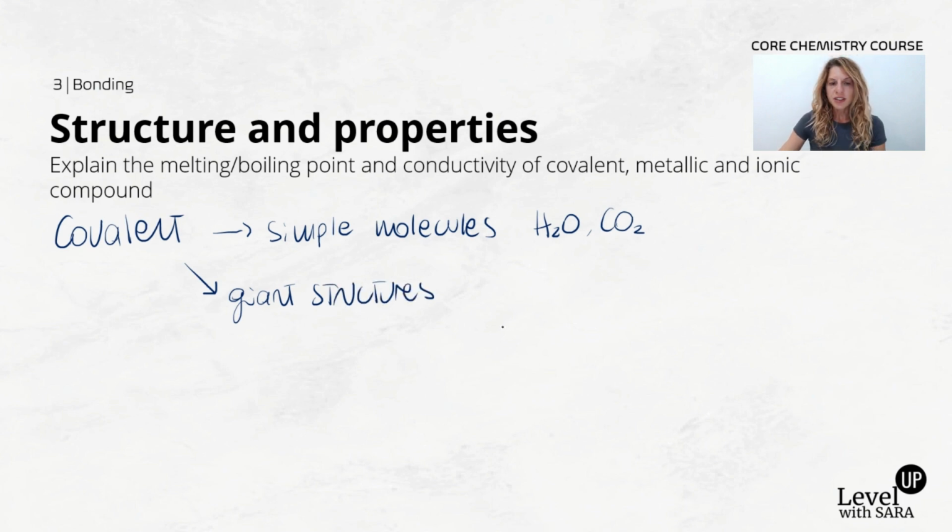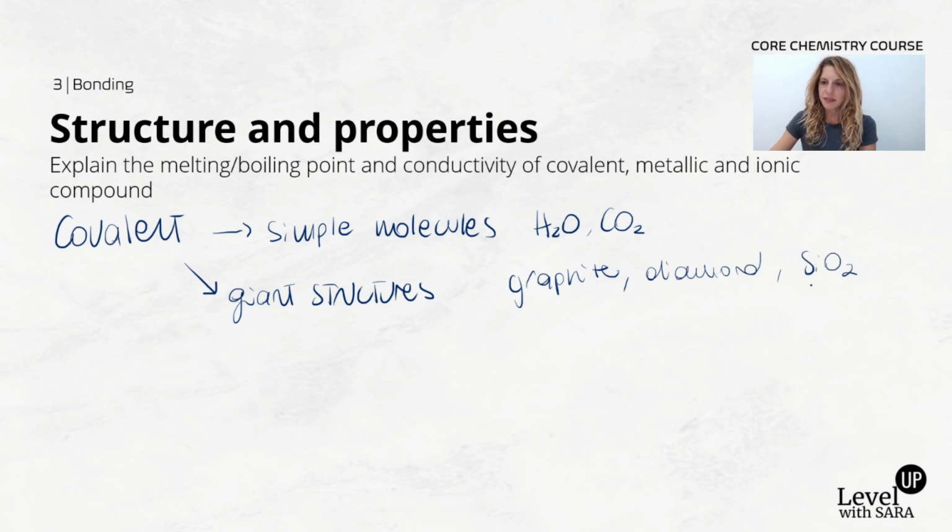Remember, giant structures are substances made of many atoms that are strongly bonded together through covalent, metallic or ionic bonds. Carbon exists in these giant forms, graphite and diamond, which are both forms of carbon, as well as silicon dioxide, which is like sand. So graphite, diamond, silicon dioxide are examples to know about giant structures.